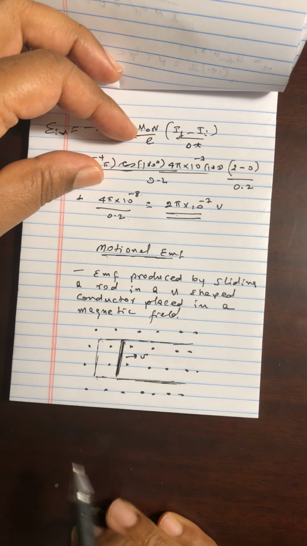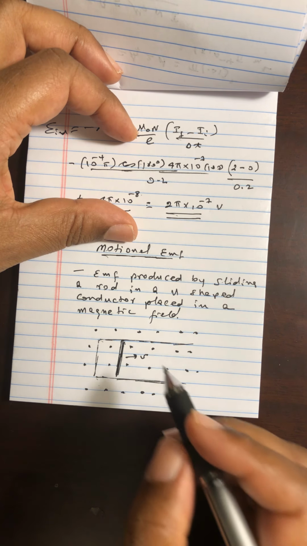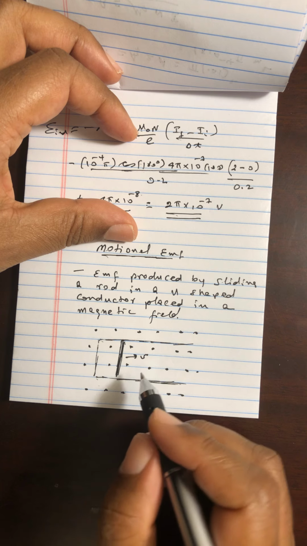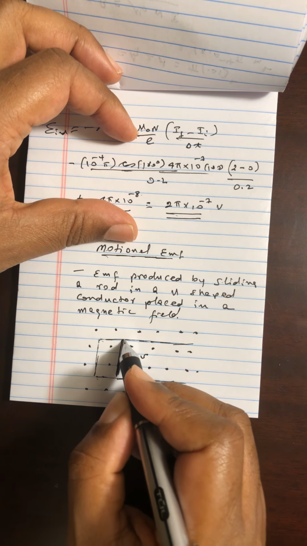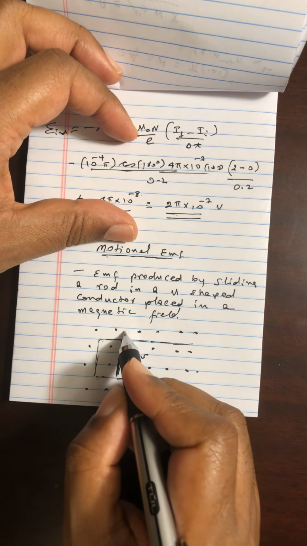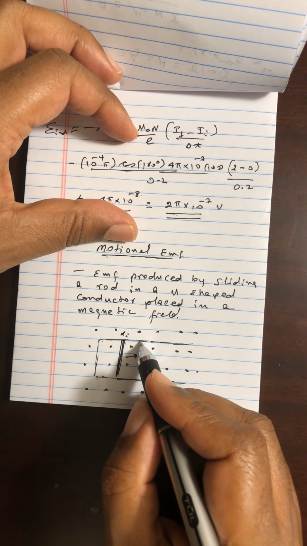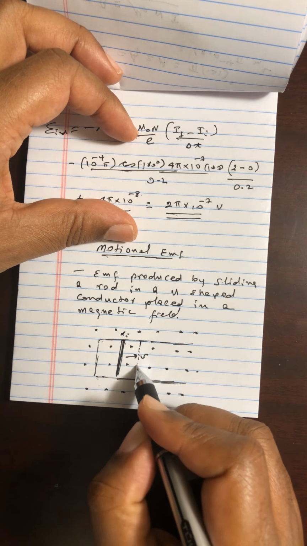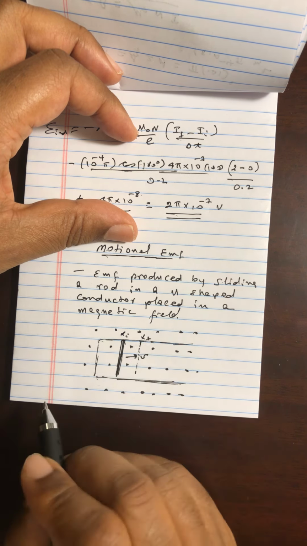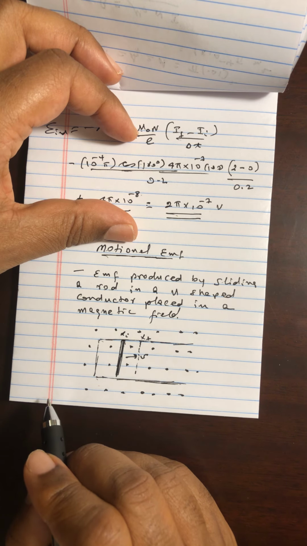Okay, now let's try to get an expression for this one. Suppose let's say the location of this rod as it moves with speed v changes from xi to another location over here, let's call it xf, and that happens in a time interval delta t.